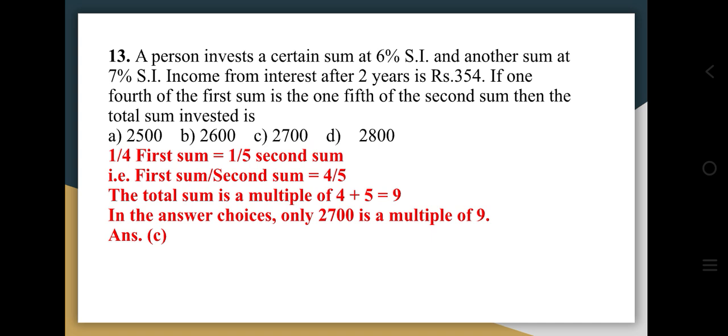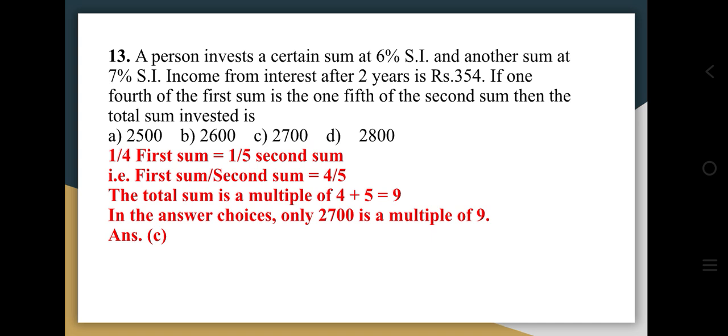But here we are given that 1/4 of the first sum is 1/5 of the second sum. So 1/4 of the first sum is equal to 1/5 of the second sum. So what is the ratio of first sum by second sum? If you bring that 4 to the right hand side, it comes to the numerator.